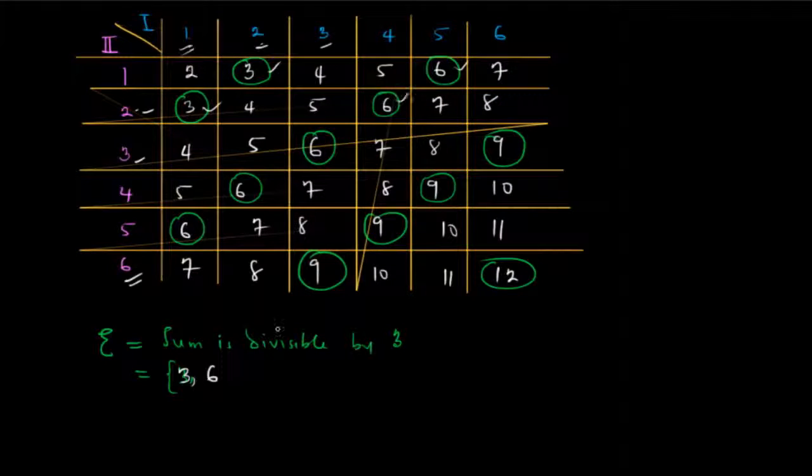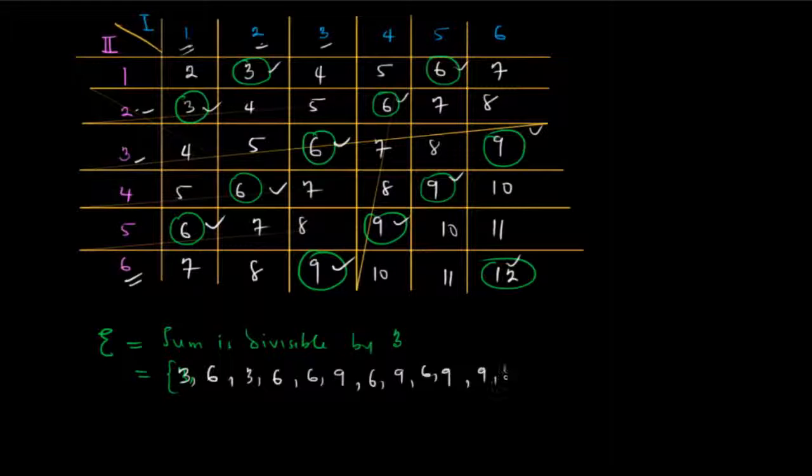The next is 3, 6, 3, 6. The next is 6, 9, and then 6, 9, and 6, 9 again. The last is 9, 12. So yes, this is what we know.